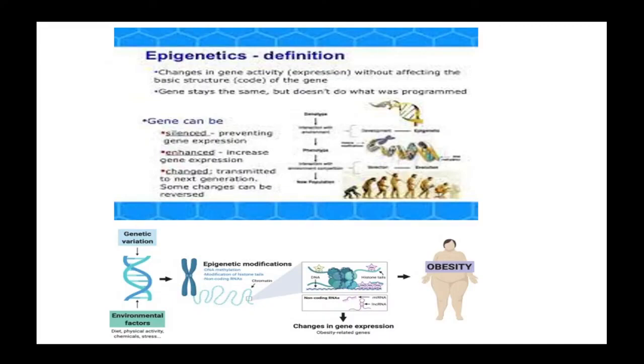The genes can be silenced, meaning prevention of gene expression, enhanced, meaning increase of gene expression, and changed, transmitted to the next generation. Some changes can be reversed. The environmental factors can change the expression of genes.